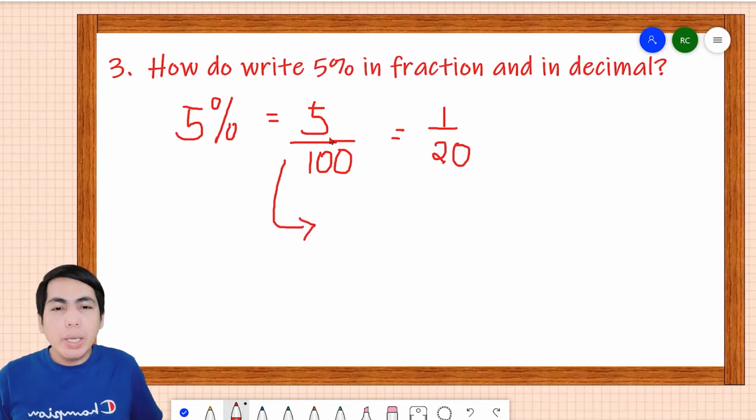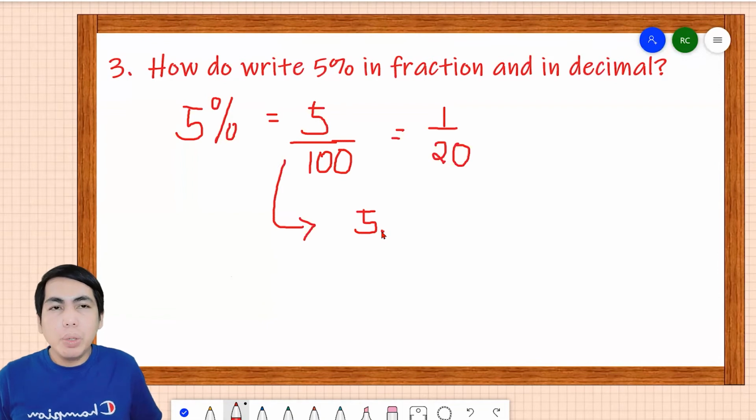Now, when we change this fraction 5 over 100 into decimal form, we just simply move 2 decimal places because there are 2 zeros in our denominator, since our denominator is 100. The decimal point of this whole number 5 is understood to be after the 5.